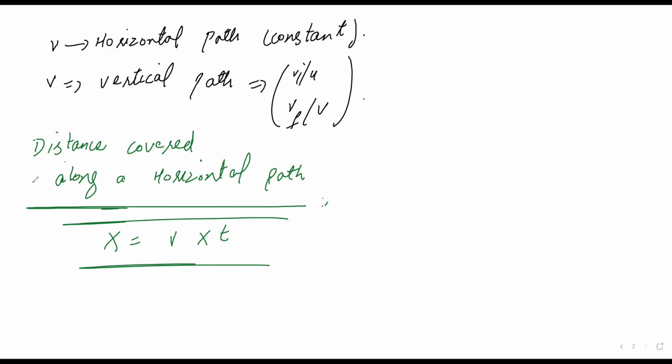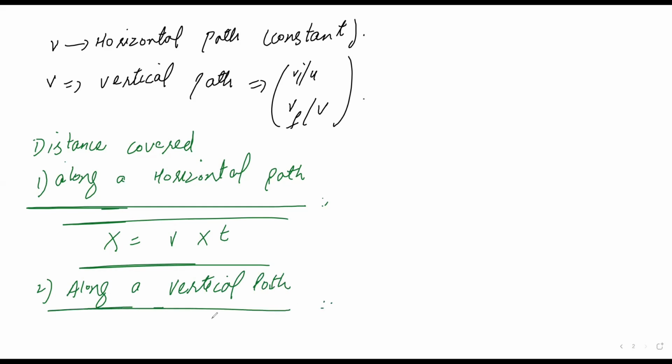But secondly, whenever you're talking about the distance covered along a vertical path, you have to use a kinematic equation. I'm just using the second equation of motion, and the second equation of motion, as we both know, is s equals ut plus half at square. Since we're talking about the vertical path, the acceleration would be the gravitational acceleration, and the initial velocity of an object would be 0.